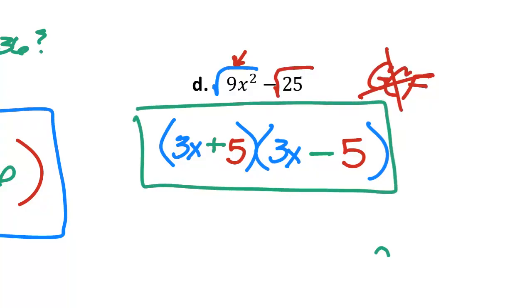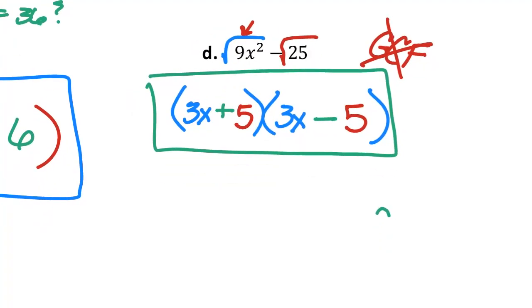And why does this work? Because if you look at it and distribute, first times first is going to give you 9x squared.